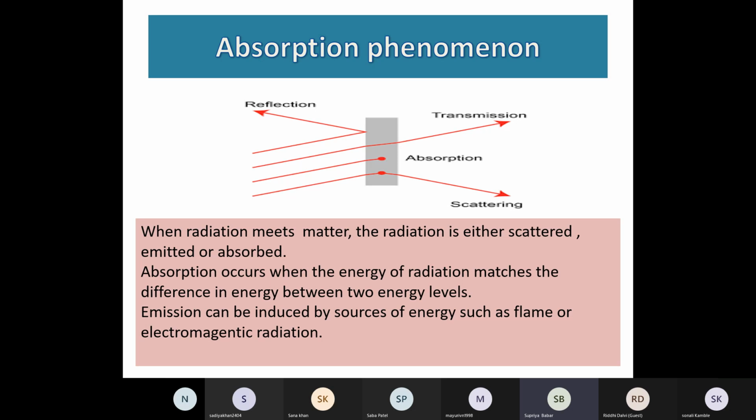Now the energy is absorbed by the molecules. When the molecule absorbs that energy, different changes happen in that molecule.